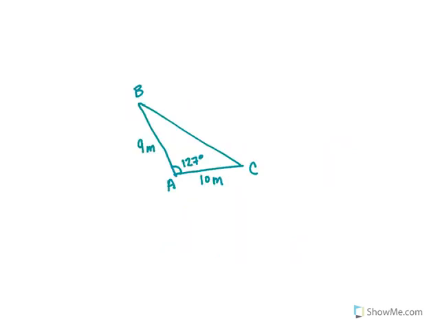Okay, this is the first one we're going to do, and I'm going to write down our law of cosines for us again. So it's c squared equals a squared plus b squared minus 2ab times the cosine of c. So what this means is we're trying to solve for side c, which is actually this side. It's always the side across from the angle you're given that we're going to solve for.